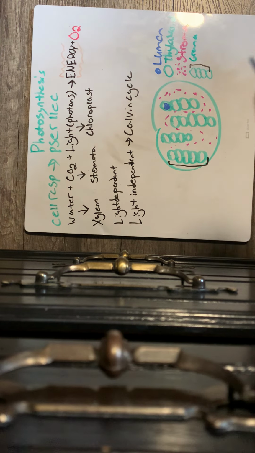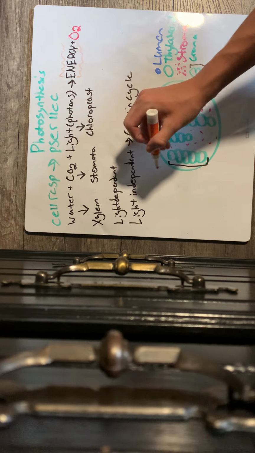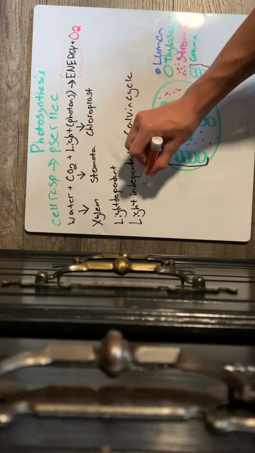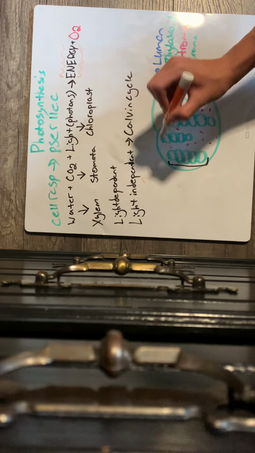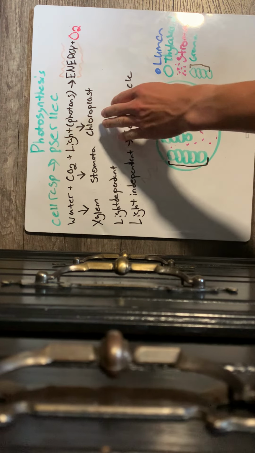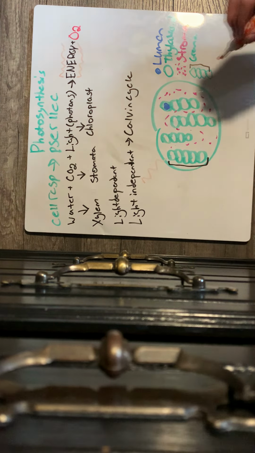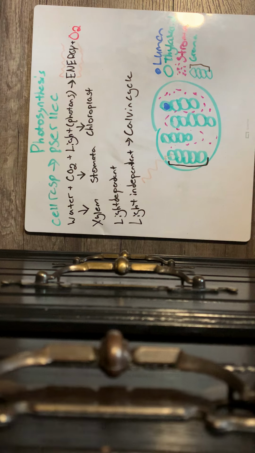So what happens is light energy, photons, will enter from the sun into the leaf and then into the chloroplast and enter the thylakoids. And in a later video, I'll go deeper into what happens in the thylakoid. But for now, that's the basis of photosynthesis.